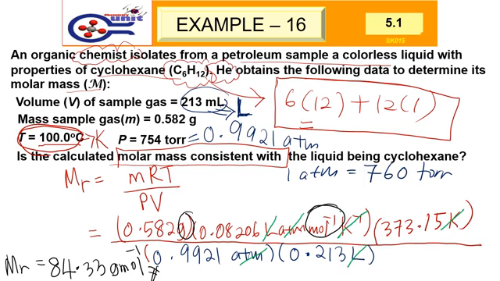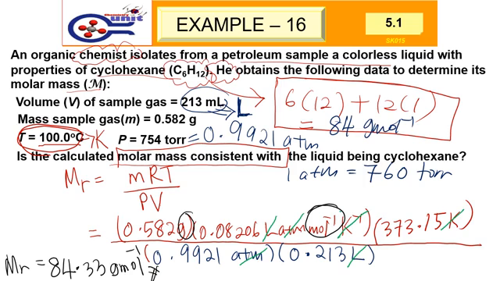So check, is the calculated molar mass consistent with the being cyclohexane? Cara dia check dengan molar mass yang di atas ni. So kalau ikutkan 6 darab 12 tambah dengan 12 darab 1. So dapat berapa? 84 gram per mole. So maksudnya jawapan awak, yes, the molar mass is consistent with the liquid being cyclohexane.